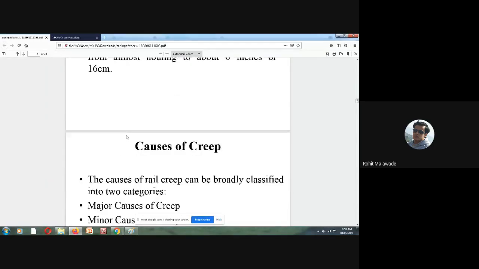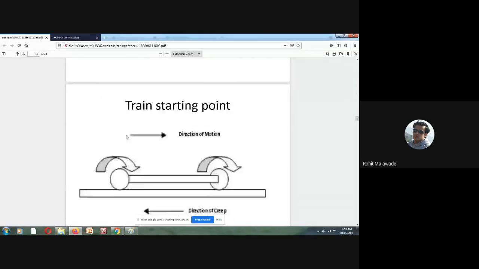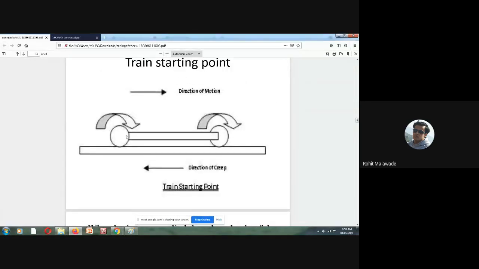Now, what is this longitudinal movement that we are going to see? When a train tries to move in a forward direction, there will be friction.